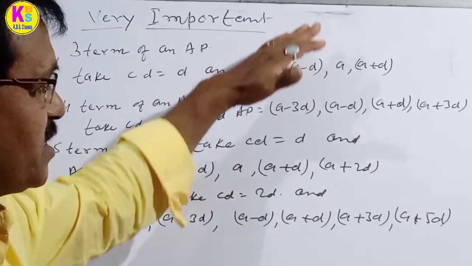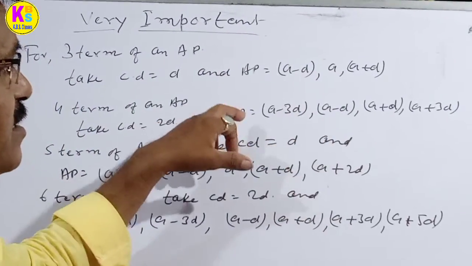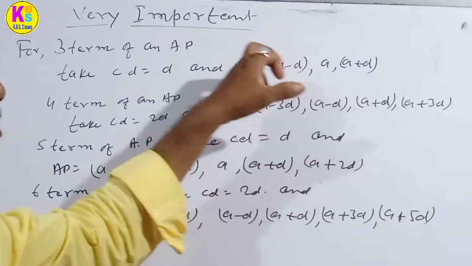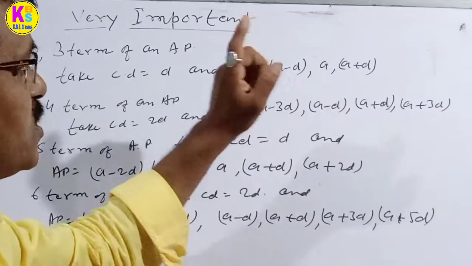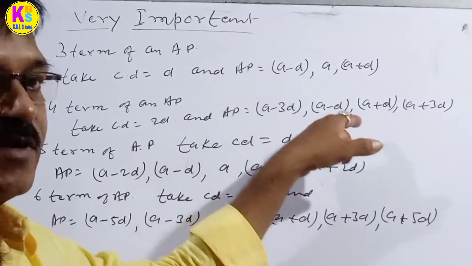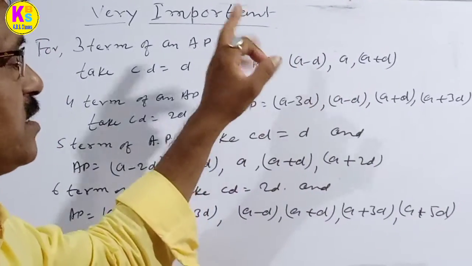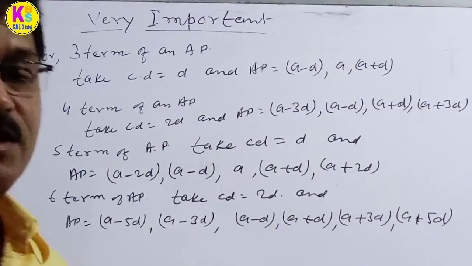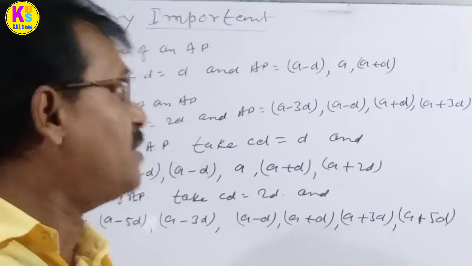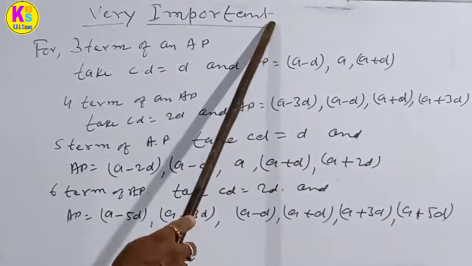Because when you take in this way, then easily you can find out the first term, and when you get the first term, put the value, then you get the common difference. And when you get the first term and the common difference both, easily you can find out anything that has been asked in the sum. So this is very important for you.